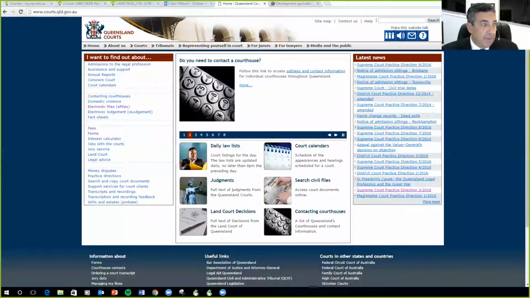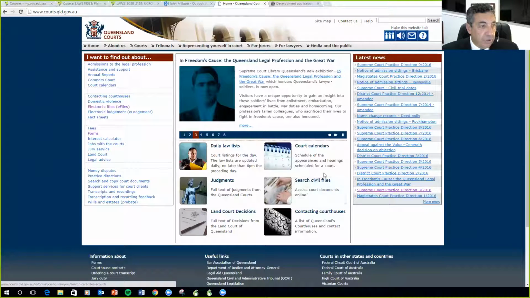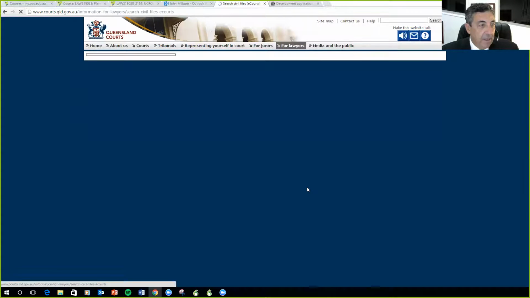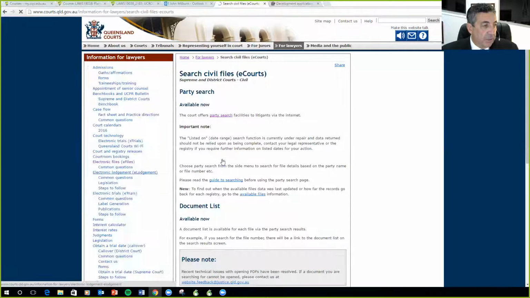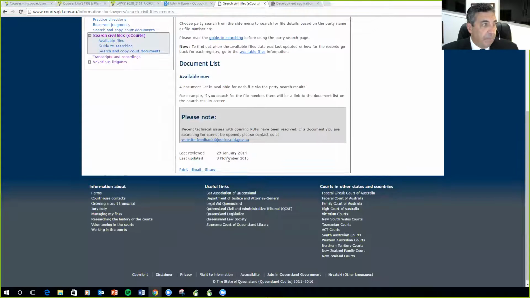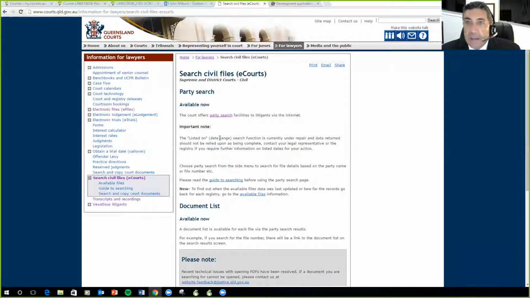You should see that now, and you can search the civil files. We did that last time, and that means searching civil files through a name search, etc. So I won't go through that process again, but you would have seen in that process examples of appeals to the Planning and Environment Court, which is a notice of appeal.